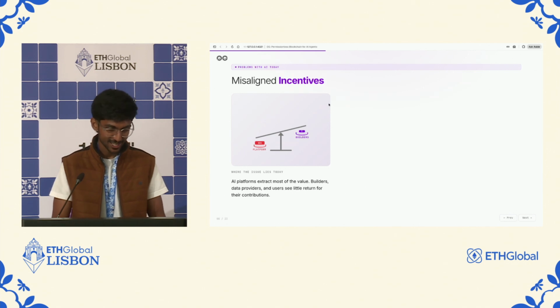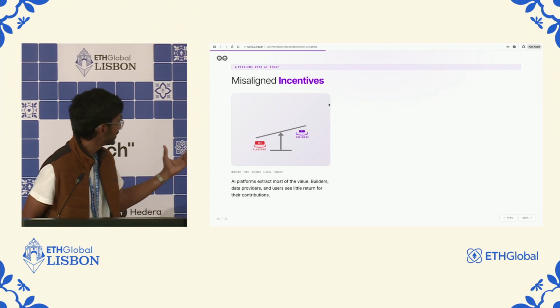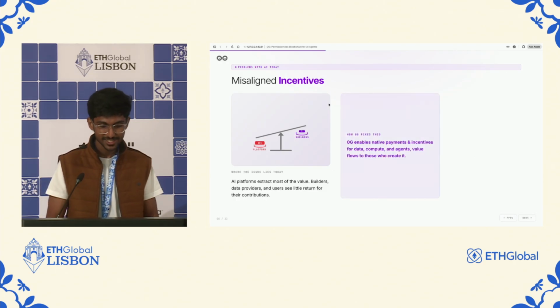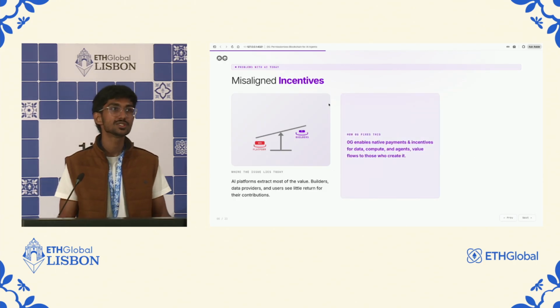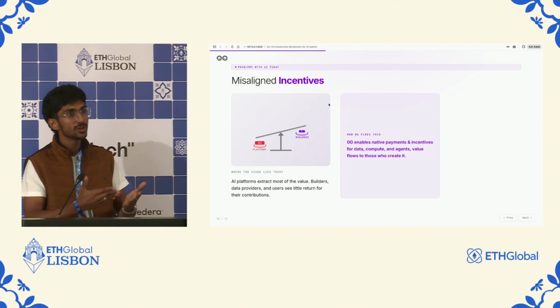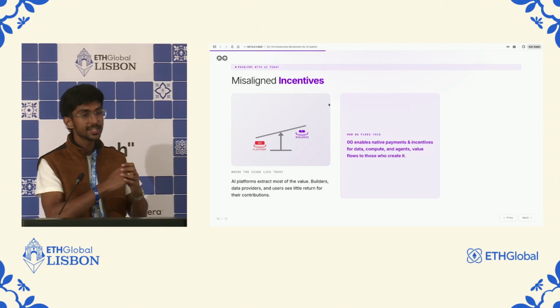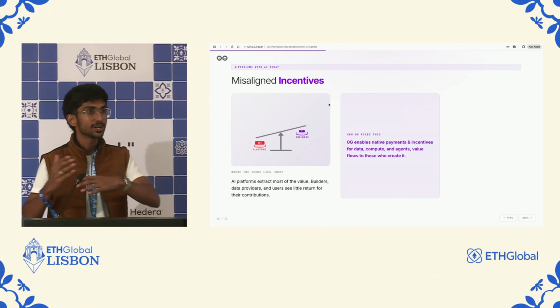And yes, this one is similar to the previous one: the platform charges a lot, but the actual benefit to the builders is much less. So it's regarding the incentives. With 0G, and I forgot to mention that we are a modular stack, inferencing is a separate layer, like a marketplace. And then we have the chain, with multiple compute providers.